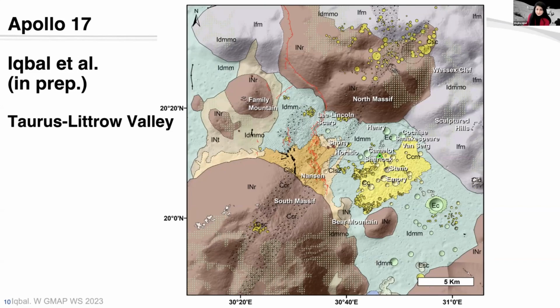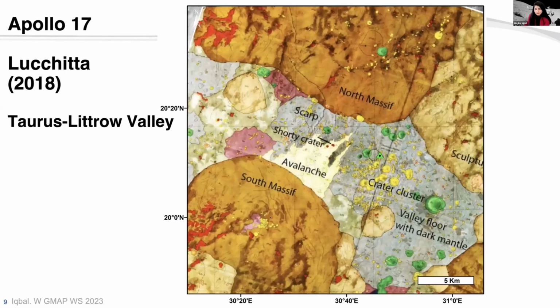But what we see in the spectral data is that this material lying on the highlands is very similar to the one that is filling the valleys, which means that when this pyroclastic deposit was deposited in the valley, the cloud was also covering some areas around the valley. This is what they couldn't see clearly in single image data.